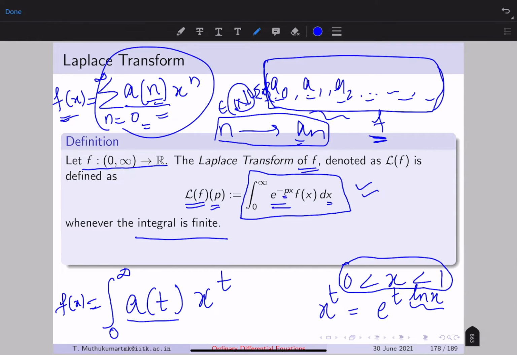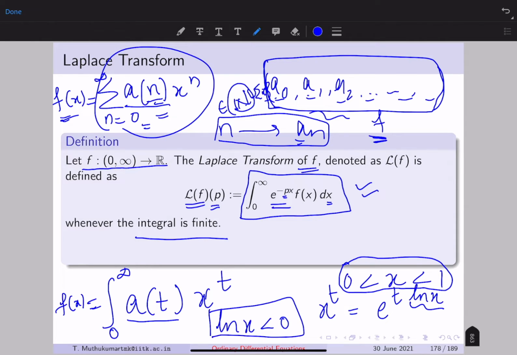So when x is between 0 and 1, log x is negative.